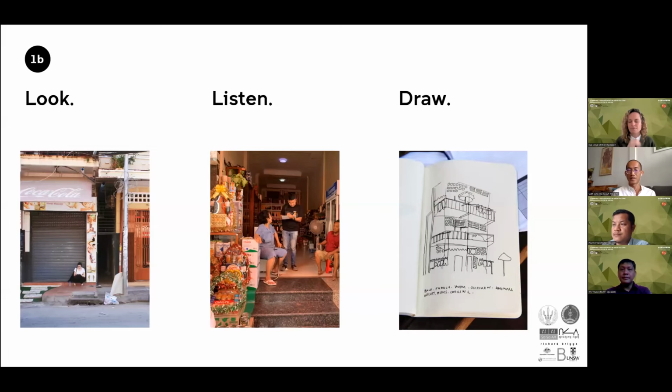So here, by looking, we asked the students to slow down, pay attention and observe how people use design and adapt their own environment in a changing day context, and also to listen to how they voice their demands or challenges, what works, what doesn't work, and to then draw out, from what they've seen and heard, not to represent, but rather use this approach to build their critical eyes, by highlighting their subject of interest from their research, but also to start to analyze things, what meaning, all these elements come together.